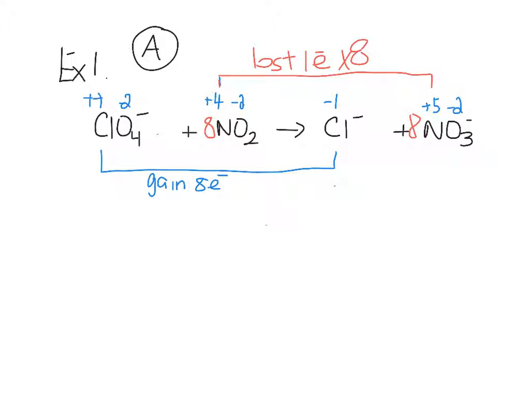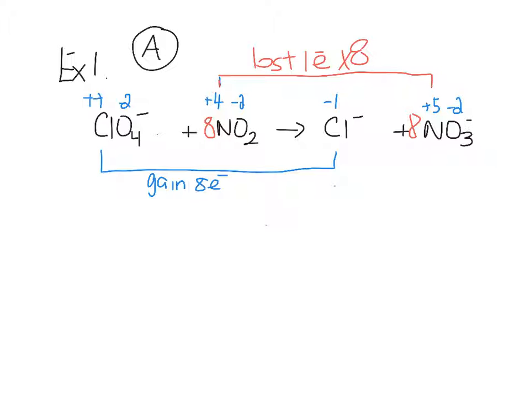This is why we connect them with that line, so we know where the numbers go. So I'm going to need 8 nitrogen dioxides in order to give up 1 electron 8 times. Are you okay with this so far?